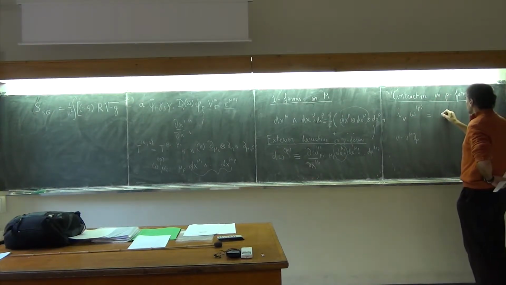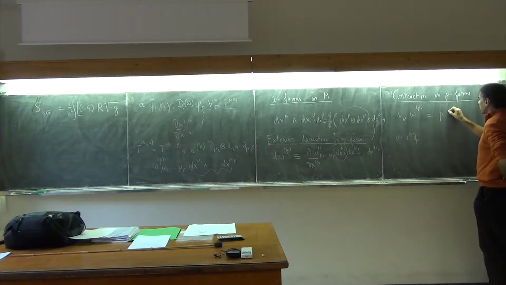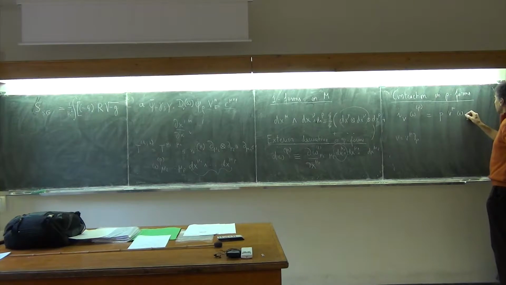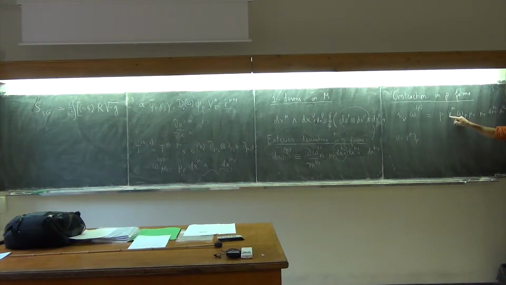It acts as p times V mu contracted with the first index of the omega components mu mu2 ... mu p, and then you have dx mu2 ... dx mu p, and this is what is called the contraction. And as you see, the first index has been eaten up by this contraction with the components.